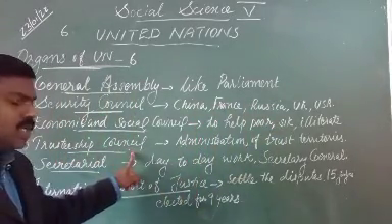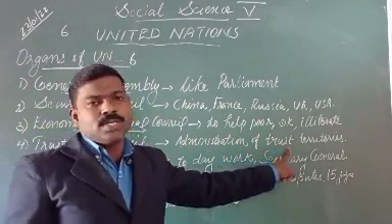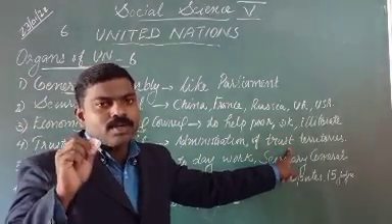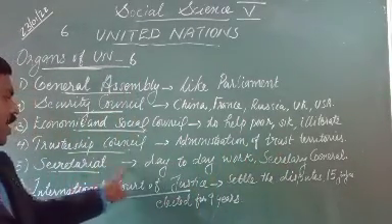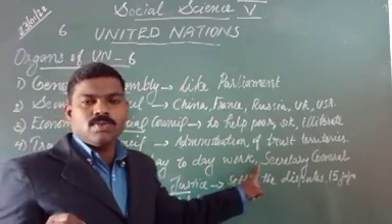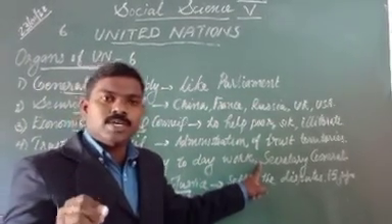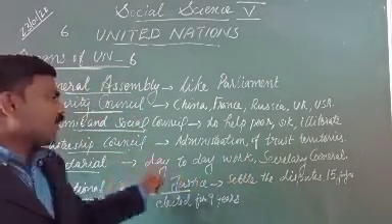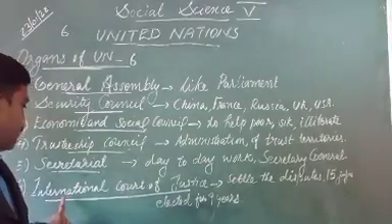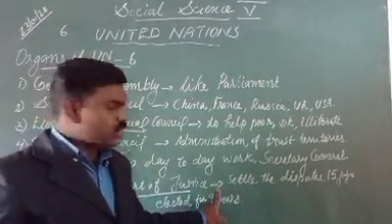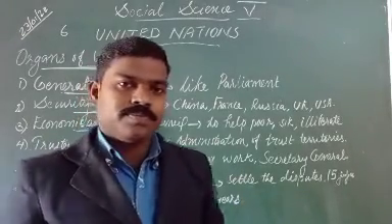Then the Trusteeship Council was formed for the administration of trust territories, but it is not functioning at present. Then the Secretariat to carry out the day-to-day work of the UN, and the head of the Secretariat is known as the Secretary General. Then the 6th organ, the International Court of Justice, to settle disputes between countries. Okay, thank you.